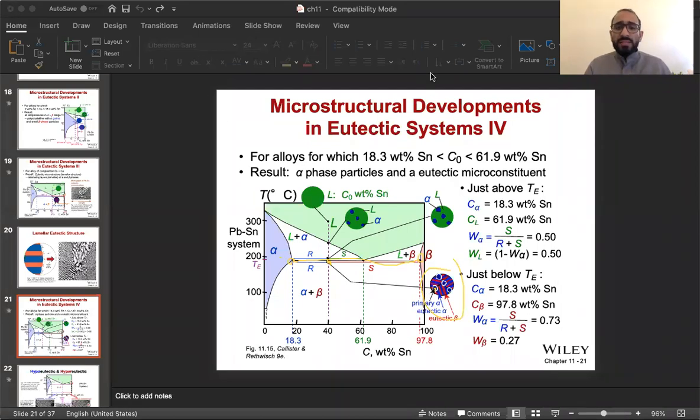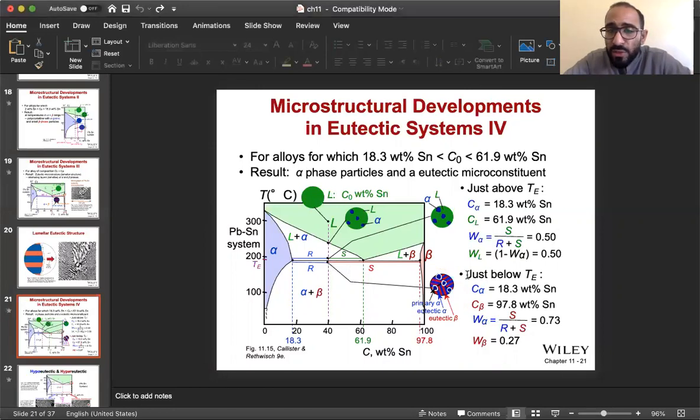So now let's deal with some numbers. Let's extract some information from here. If you are at this point below the eutectic temperature, you want to know how much alpha you have.